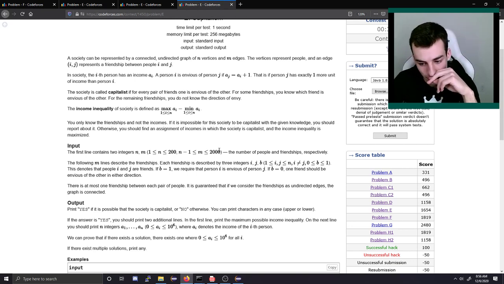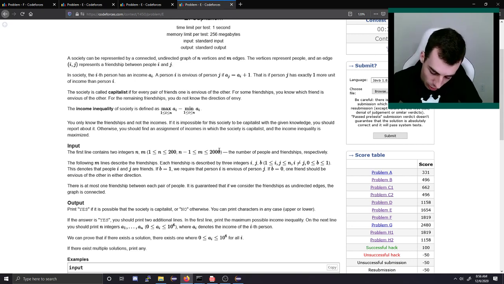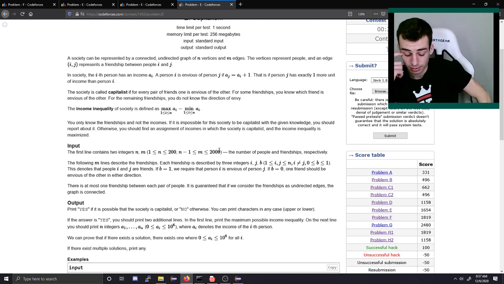So what does that mean? That means all edges go from outside the set to inside this, or from inside to outside. Like all cross edges go from inside to outside, and we can modify each of them.